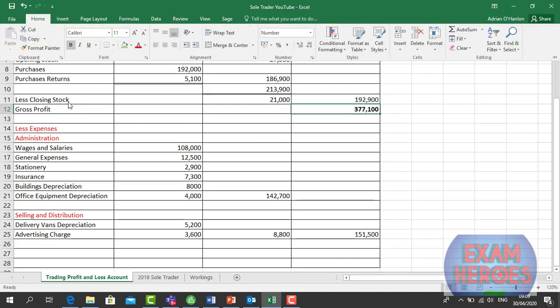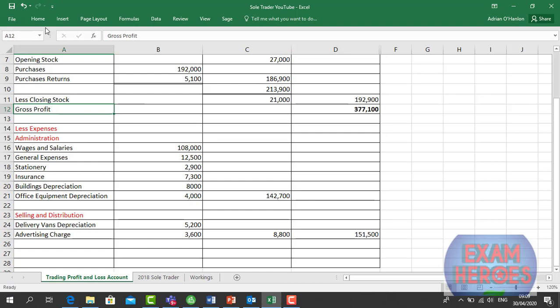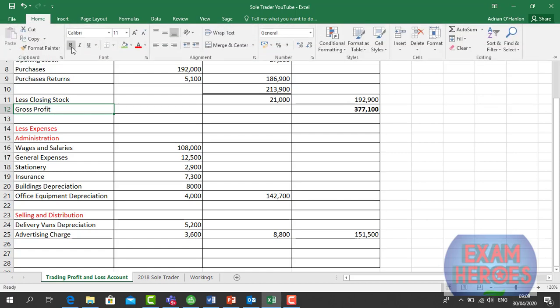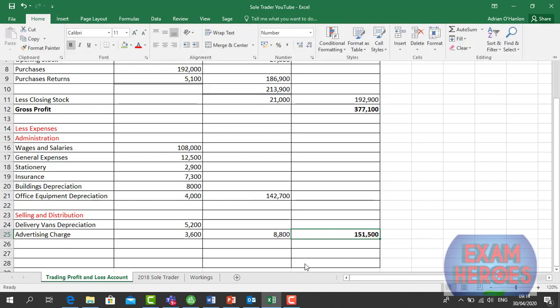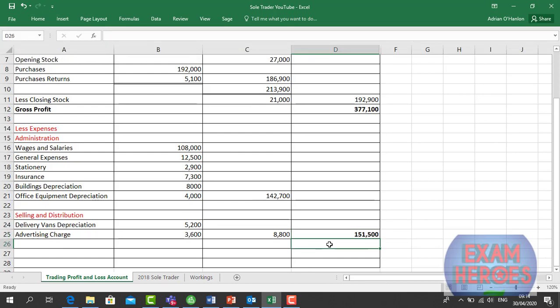This is our gross profit as it stands. So the next thing that I'll do is I'll just bold this as well. So this is my total expenses. And I'll take that away from my gross profit.